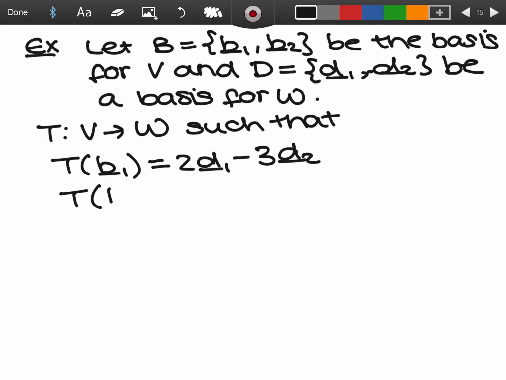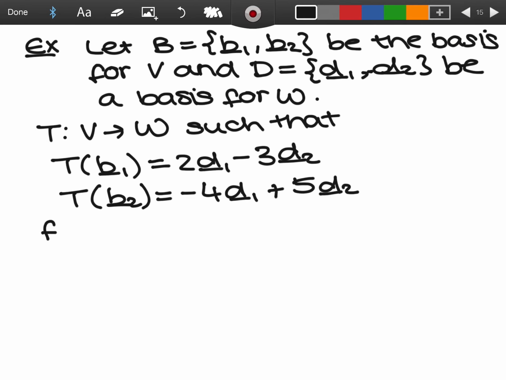And then T of B2 is going to be negative 4 of D1 plus 5 of D2. So we see where those basis vectors in B, so the basis for V, map to in W, okay? And we've got those written in terms of those basis vectors in W.